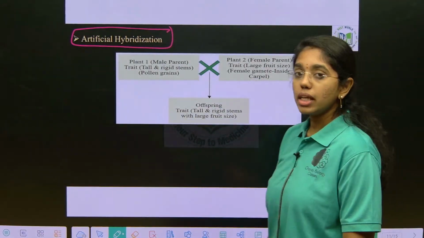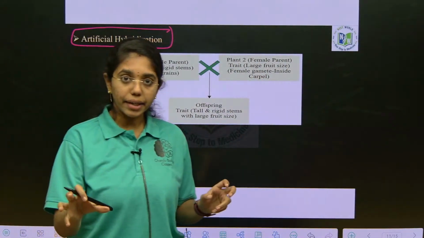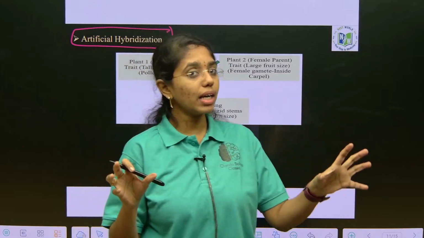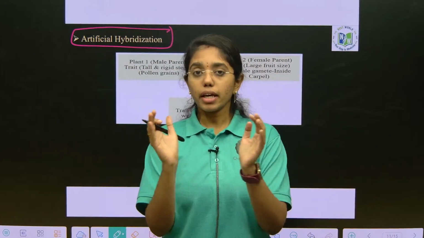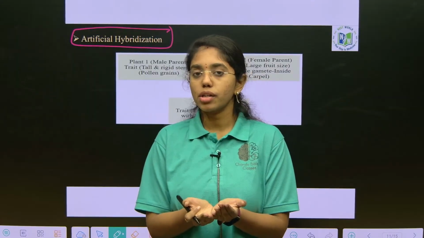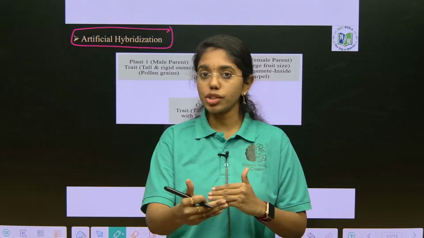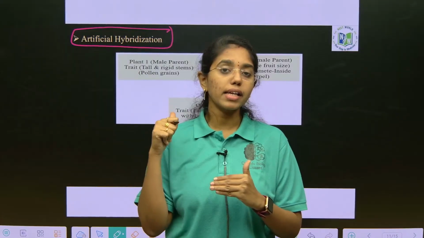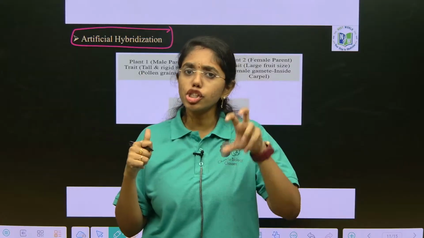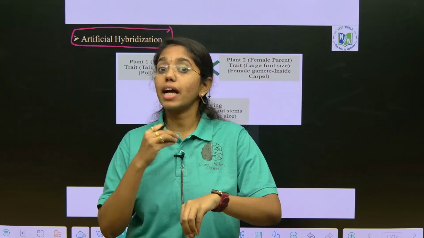Nothing but, see here the male plant with one desirable character and the female plant with one desirable character, we get the offspring of those parents with both the desirable characters. To implant both desirable characters in the next generation, artificial hybridization will stand as a major support in inculcating all the desirable characters that we need.